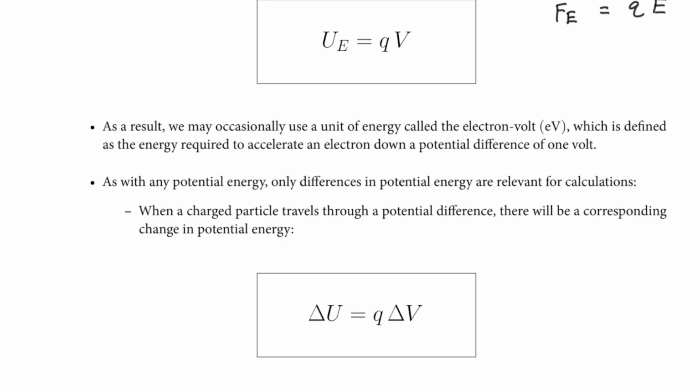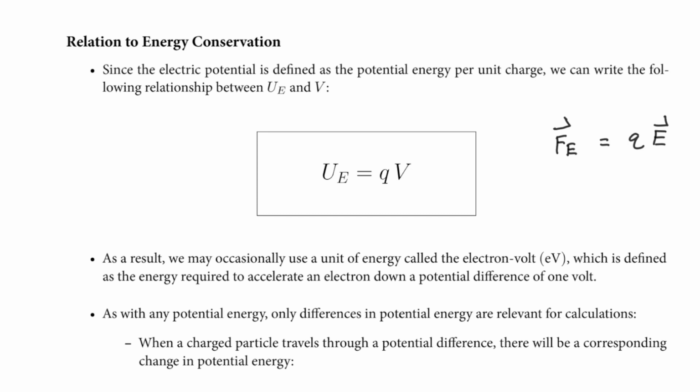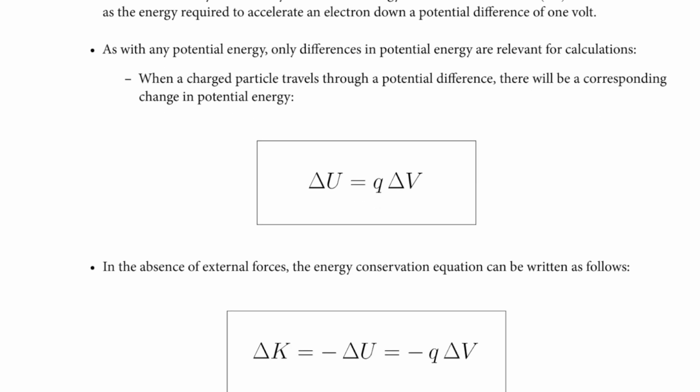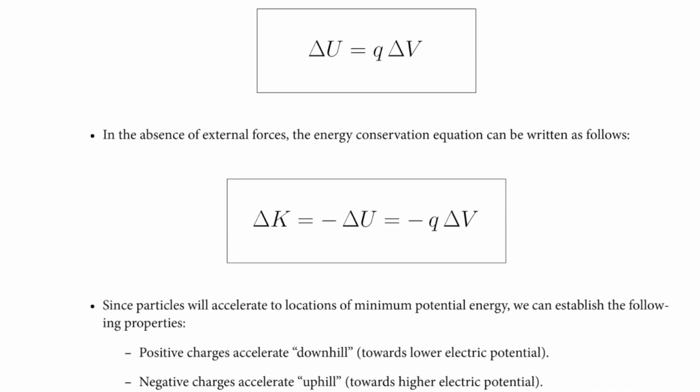But since only changes in potential energy matter, we will rarely use U equals QV. Instead, we look at the deltas. Because if you know how your energy changes, that will allow us to just set up an energy conservation relationship, because any change in potential must be counteracted by an opposite change in kinetic.